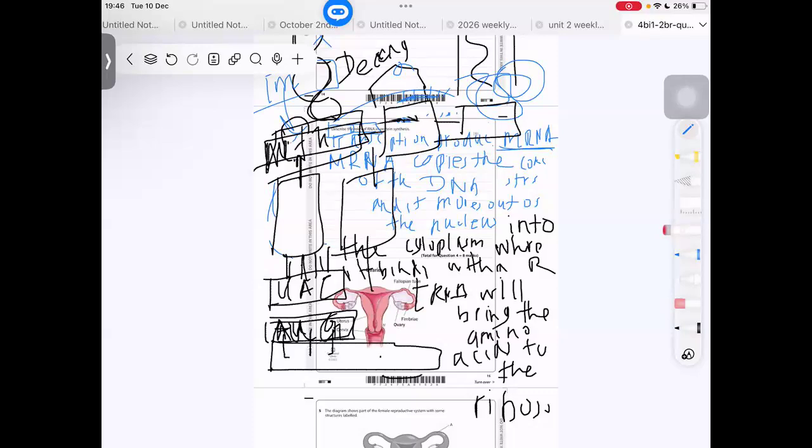Then tRNA brings the amino acids to the ribosomes. Anticodon of tRNA will bind with the codon. Translation produces polypeptide.